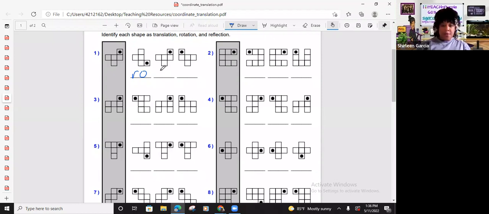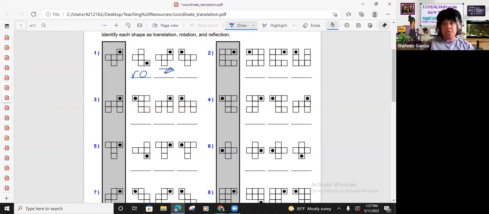It should have drawn an arrow. So let me draw an arrow. So he moved over 3 spots. Well, what is that called? Yes, it's a, no. It's not a reflection. He changed his position by sliding to the left or sliding.